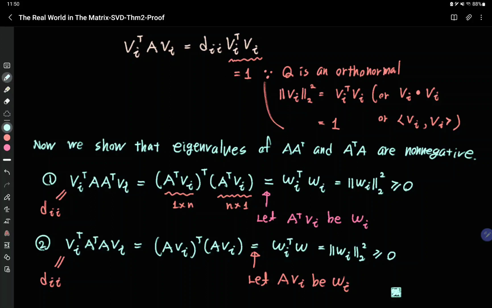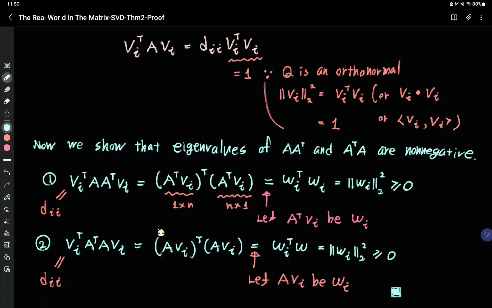Replacing A by A transpose, we got this one. And vi transpose A is nothing but A transpose vi transposed, right? So let's figure out the size of each matrix. This is n by 1, this is 1 by n, right?